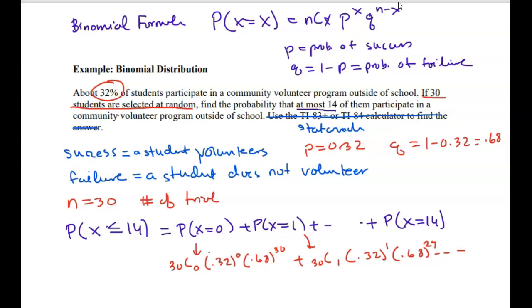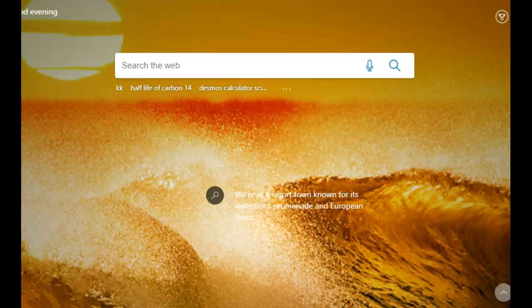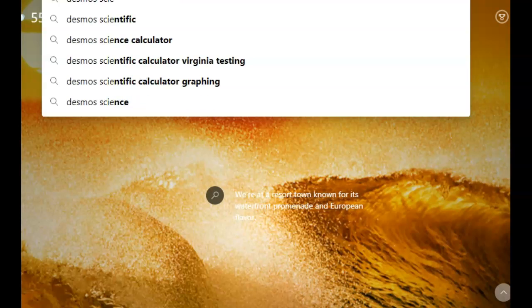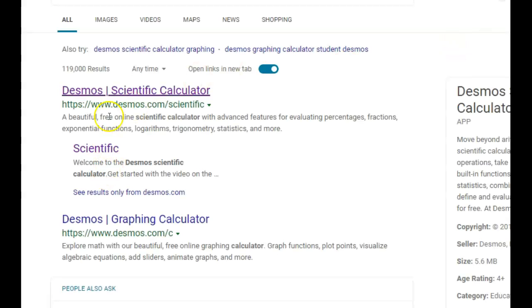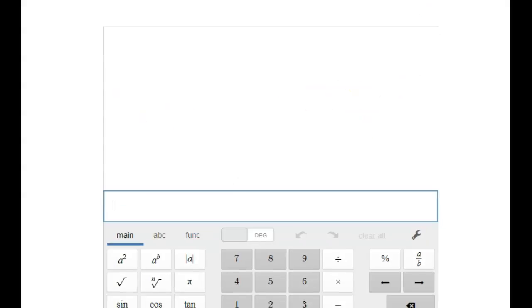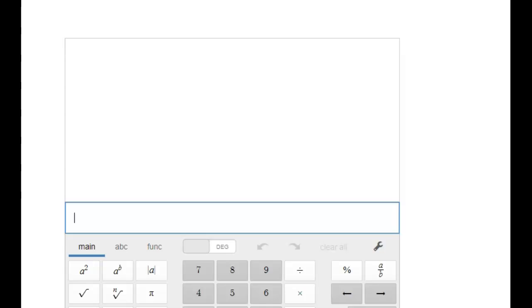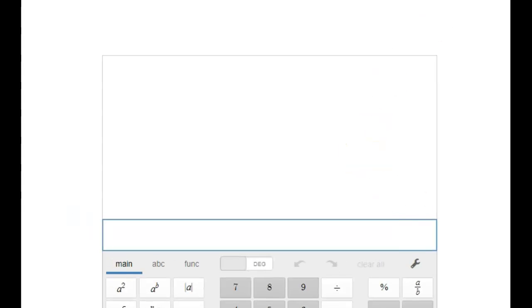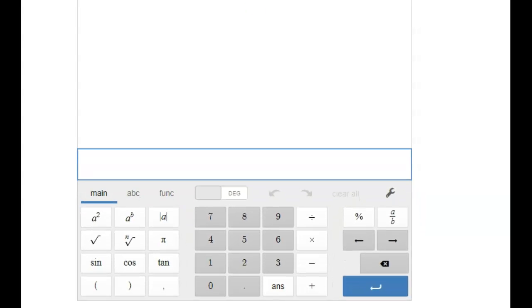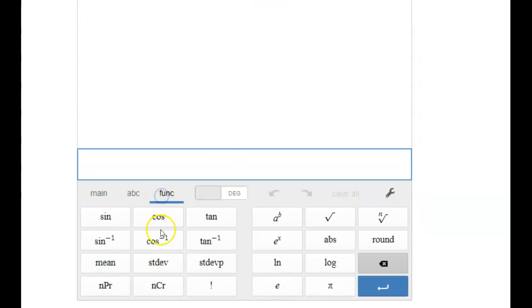Now, this n choose x is a button on your calculator. So let me get a calculator. This is a scientific calculator.